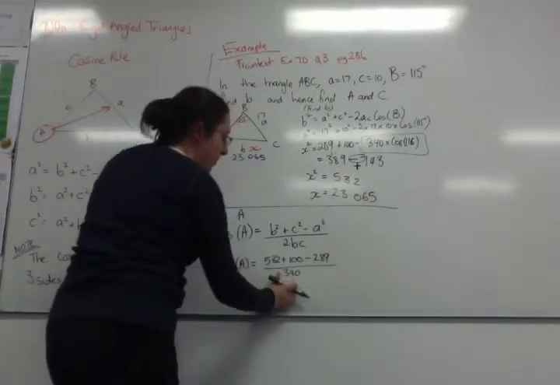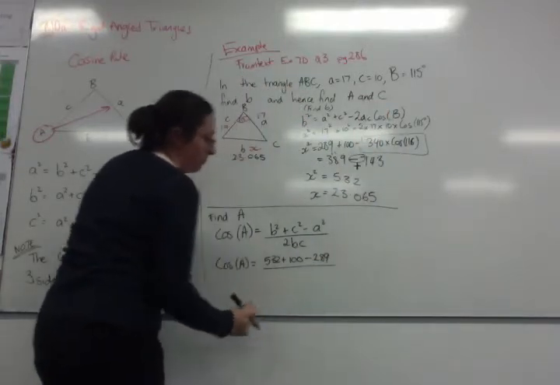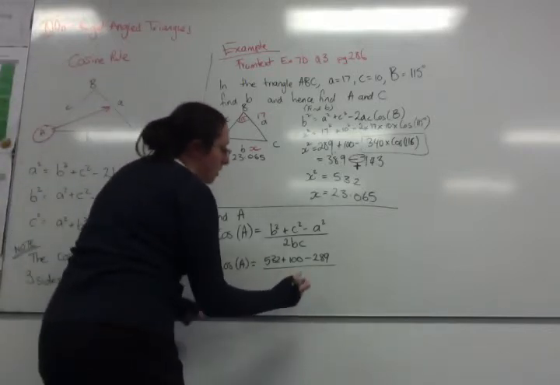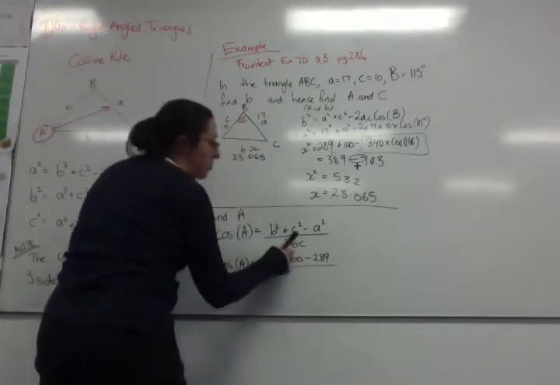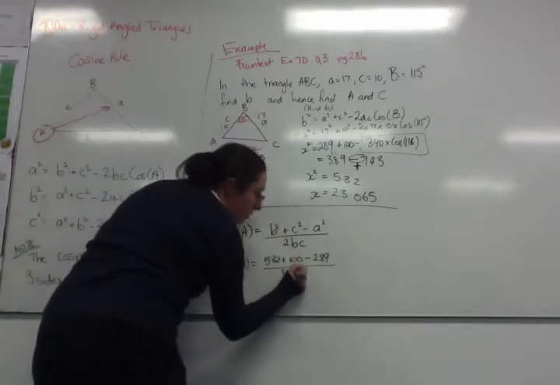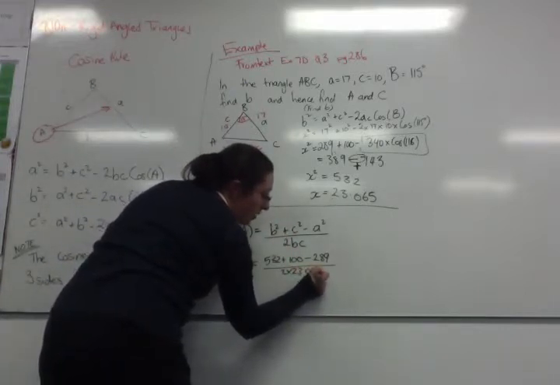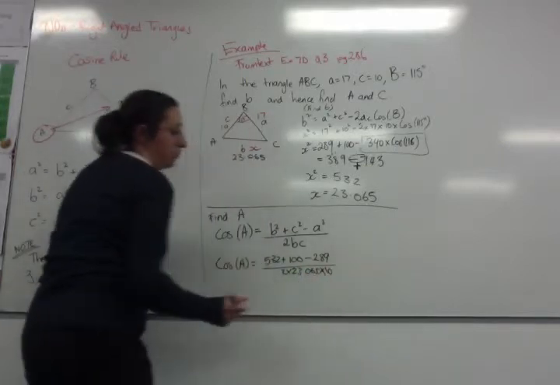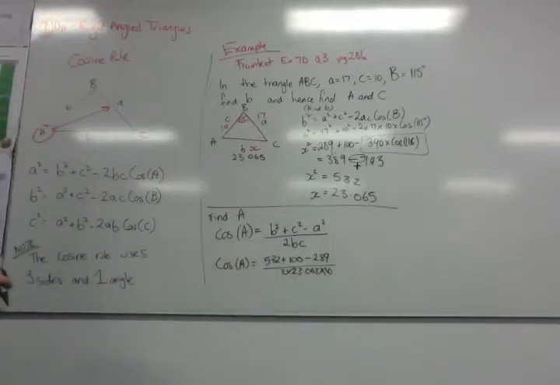Oh no, I just completely messed up this part at the bottom. 2 times B times C. So it's 2 times B, which is now 23.065, times C, which is 10. Pop that into your trusty calculator, and what do you get?